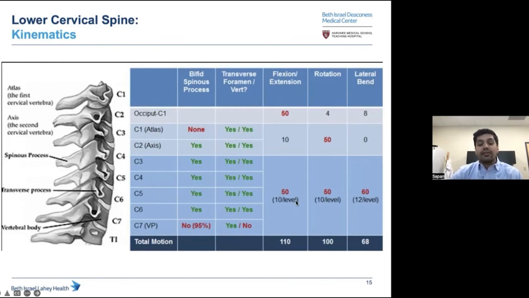So at every level, there's about 10 degrees of flexion and extension, 10 degrees of rotation, and 12 degrees of lateral bending. And so certainly the effects of fusing or changing or stopping the motion at one of these levels is less significant than at the upper cervical level. And it's an important part of the kinematics of the lower cervical spine to understand.